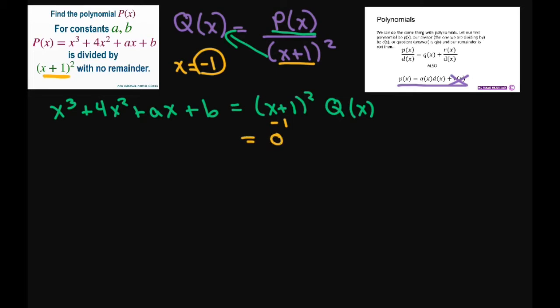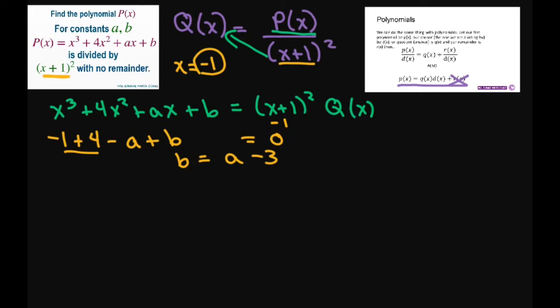And if I substitute in -1 on the left-hand side, I get -1 plus 4 minus a plus b equals 0. So basically that means our b is going to equal, this is going to be 3, so we add a to both sides and subtract 3. So there's your b.